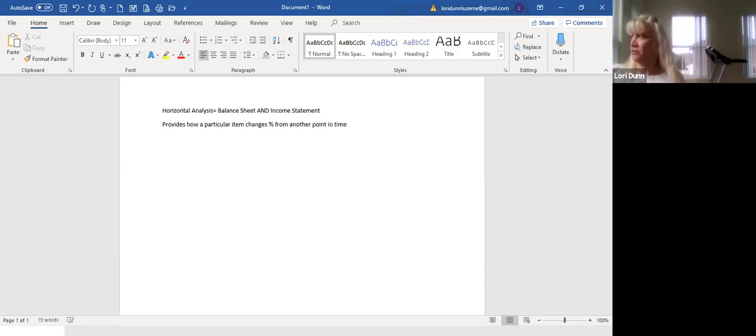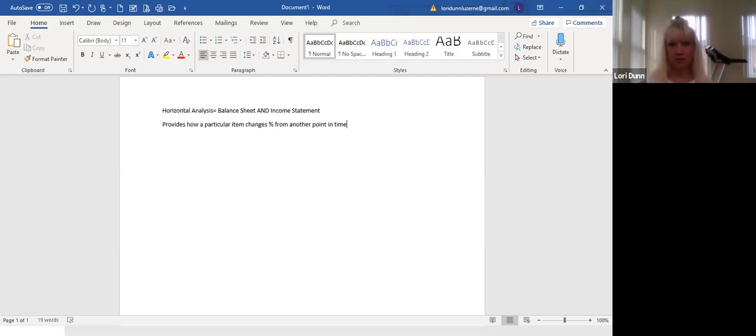So using horizontal analysis, we could see how much an asset or liability, or any part of the income or expenses on our income statement, changed percentage-wise from last year to this year, from 2 years ago to this year, from 3 years ago to this year. You could calculate it from any point in time. We're just going to focus on, for our project, from last year to this year.